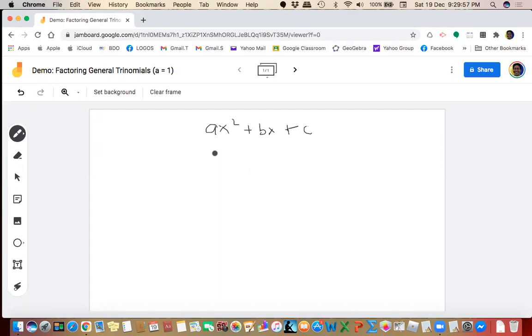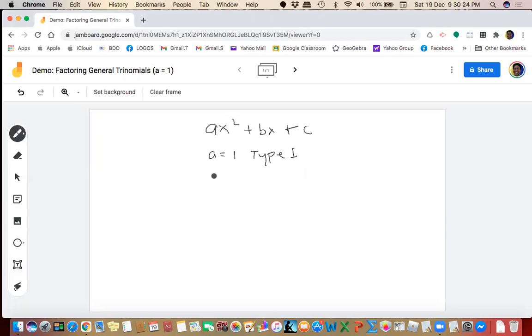All right, now if a equals 1, it won't appear in the expression. It's understood if there's nothing in front of x squared that it's 1. This is what we consider type 1, so we classify this as type 1.